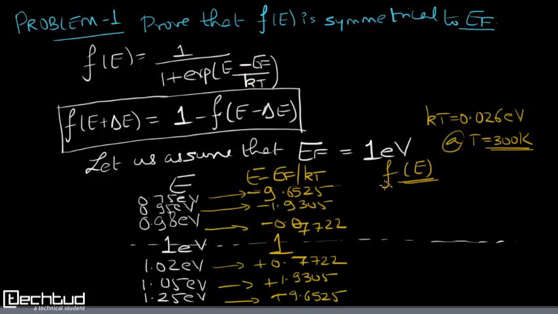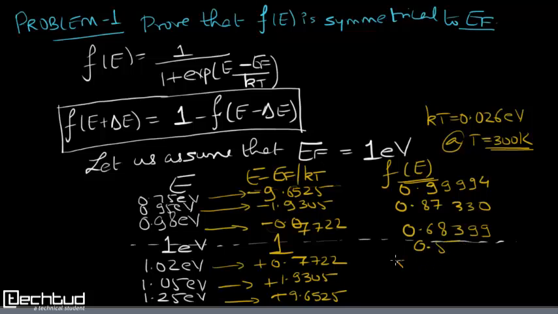When you substitute these values, for this case it is coming out to be 0.99994. For this value, it is coming out to be 0.87330, and for this value 0.6899. For f(E) with E equal to EF, we know the probability will come out to be 0.5.